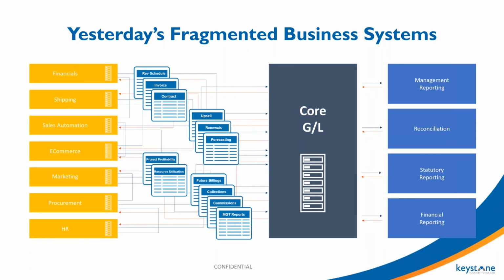So when we talk about cloud ERP, we want to compare to what the previous standard was. In that old information system architecture, you had each different department or function in the business operating often in a different system that wasn't necessarily connected smoothly with the other ones.